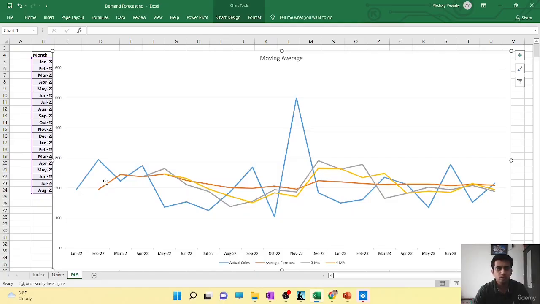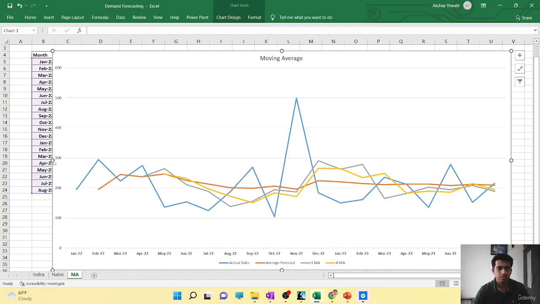It has smoothened the random variation of the outliers. One of the benefits of the moving average is that it has not projected the outliers as the forecast. That was one of the major issues with the naive forecasting, that it was projecting an outlier or random variation as a forecast. But the moving average is not projecting that, and it's basically averaging out the past history.